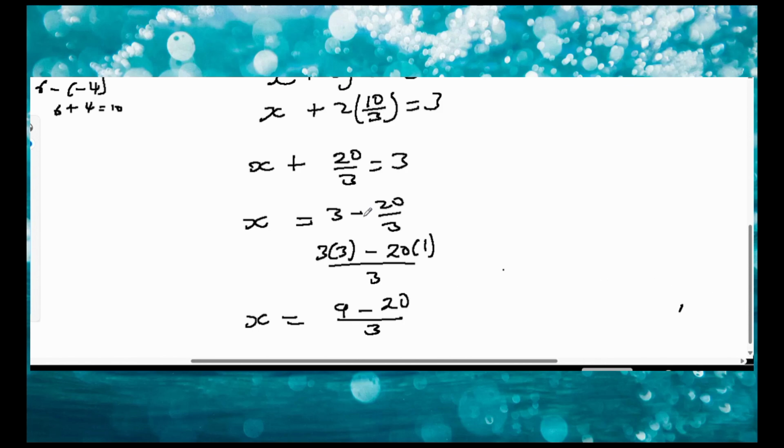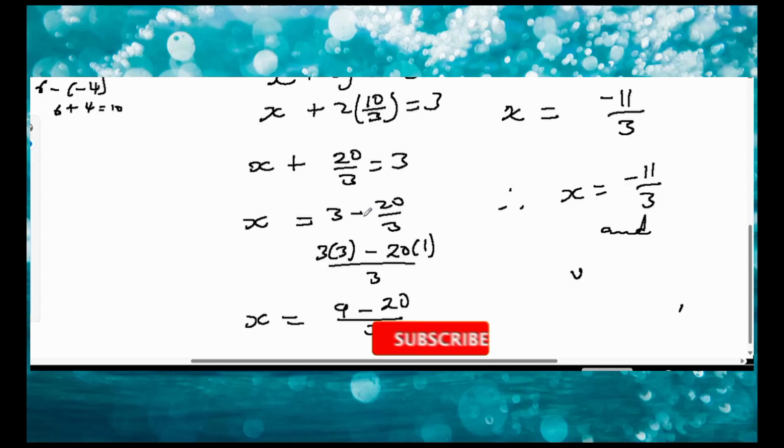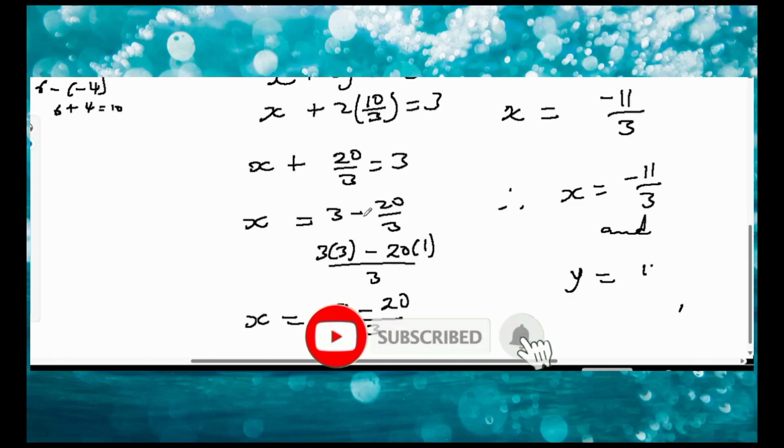And from this, our x is going to be equal to negative 11 all over 3. Therefore, our x is equal to minus 11 over 3, and our y is equal to 10 all over 3.